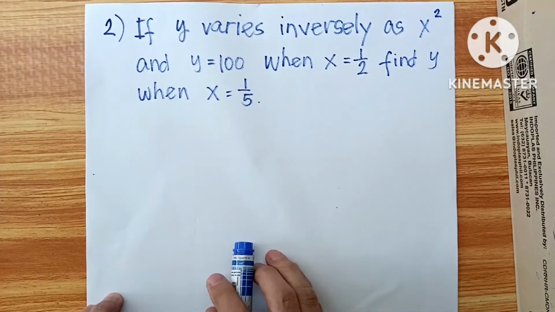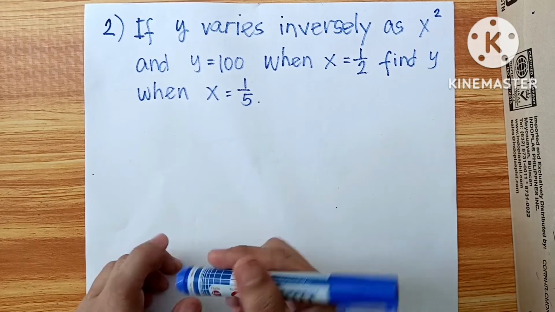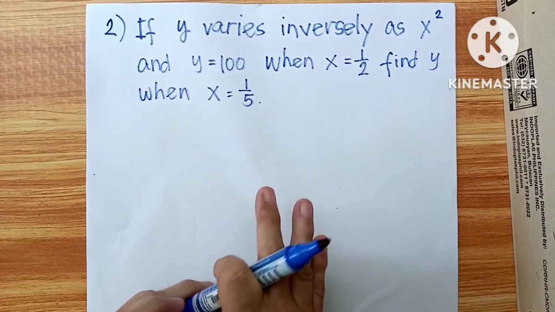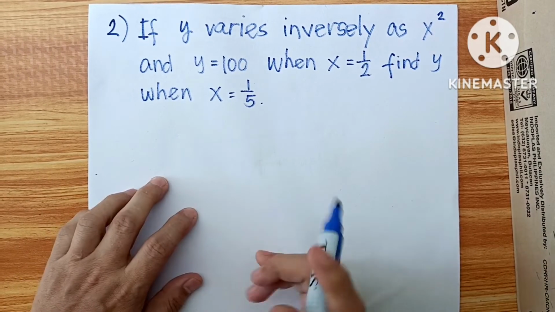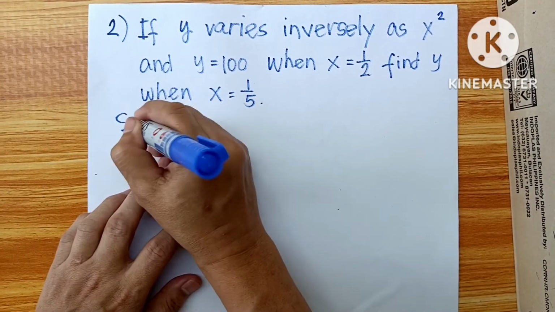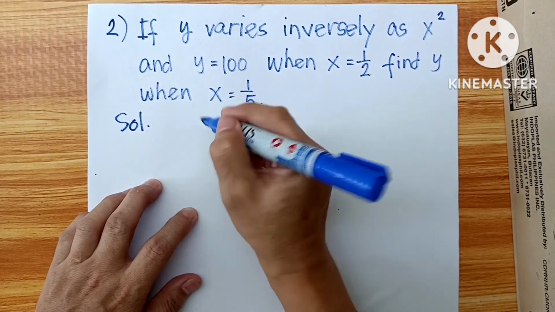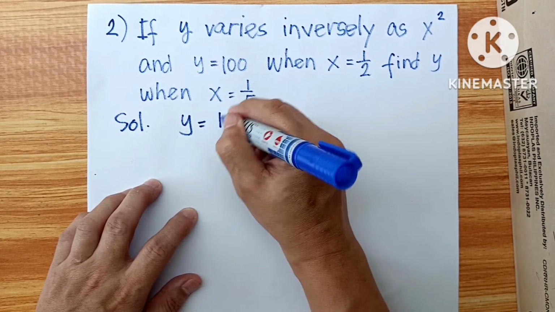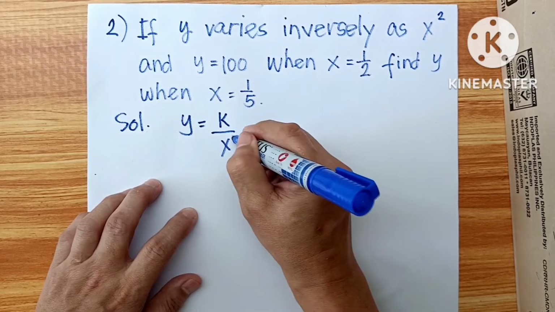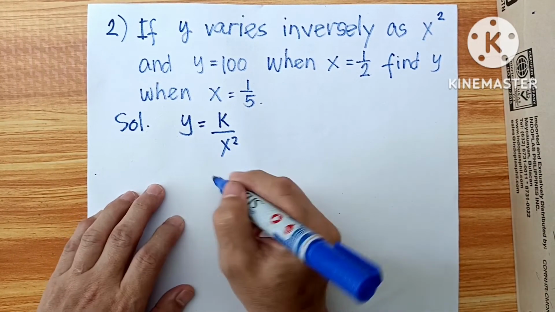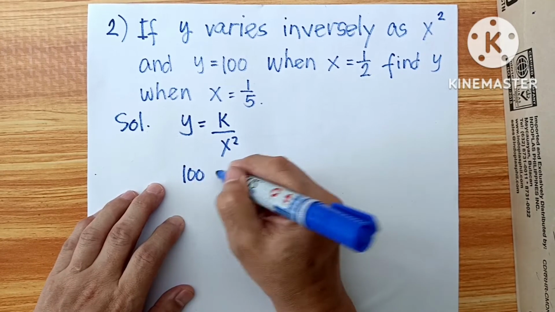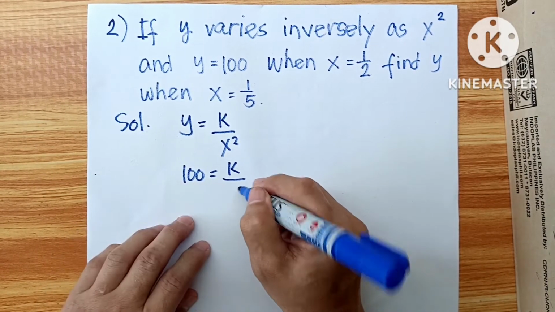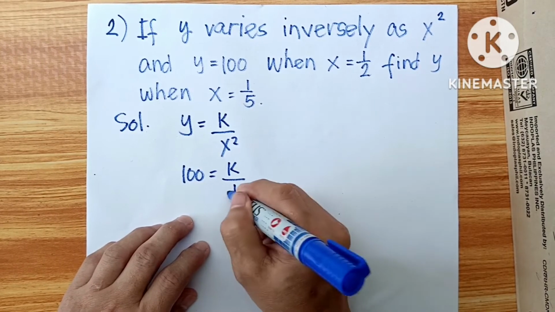Problem number 2: if y varies inversely as x squared and y is 100 when x is 1/2, find y when x is 1/5. Solution: since y varies inversely as x squared, we have y is equal to k over x squared. Substituting the values, we have 100 is equal to k over 1/2 squared.